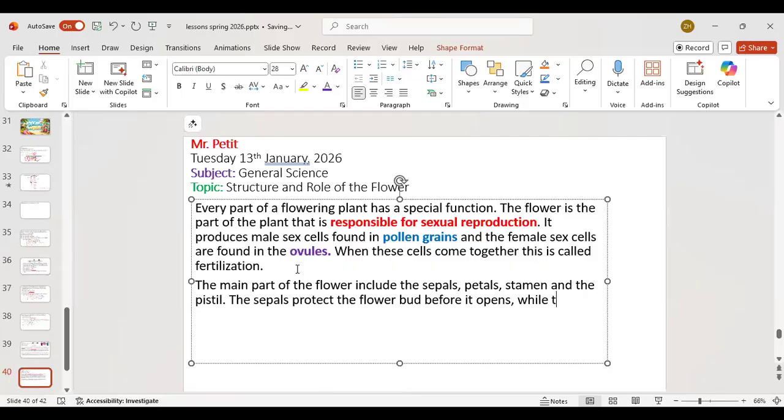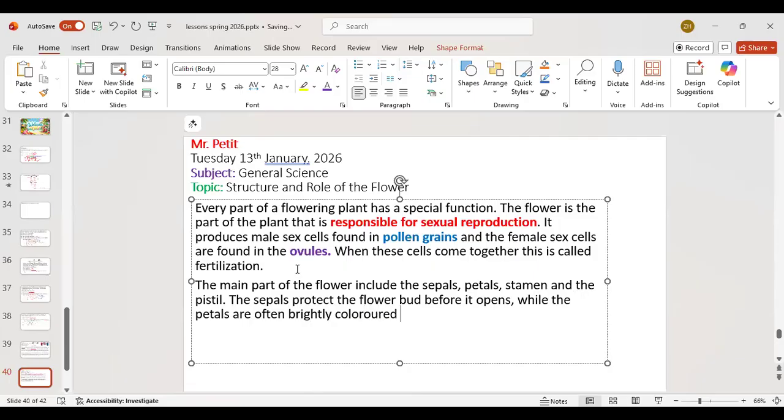While the petals, what do you think is the job of the petals? They are brightly colored. They are used to attract insects. Very good.